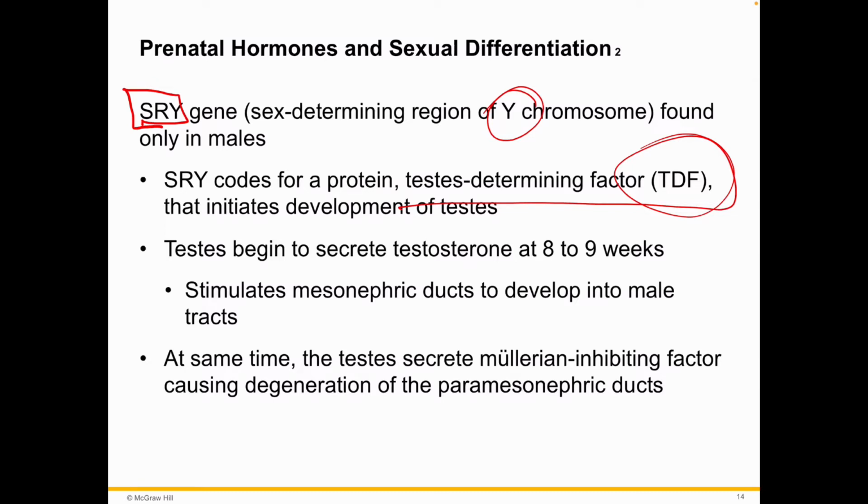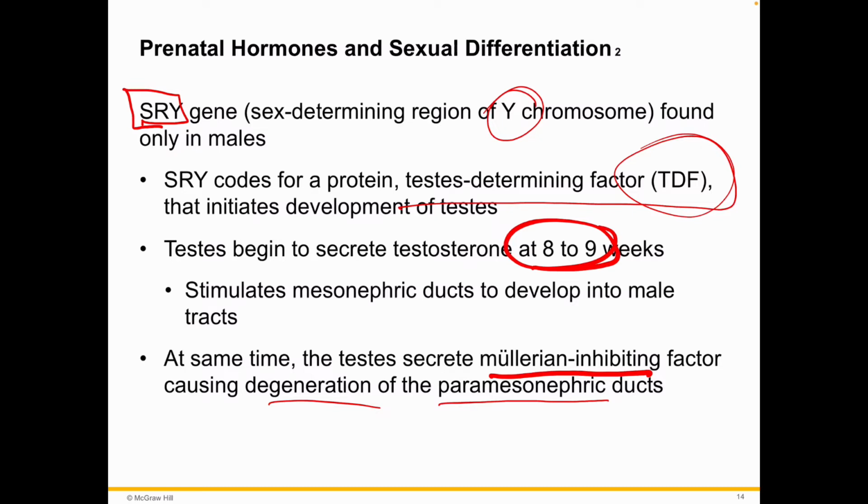The testes are going to secrete testosterone in a pretty significant way, like we said, in about the second month or running into the third month of the pregnancy. It's also going to be secreting Mullerian inhibiting factor, which is going to cause the degeneration of the paramesonephric ducts. And so those are some of the ones we were just talking about.